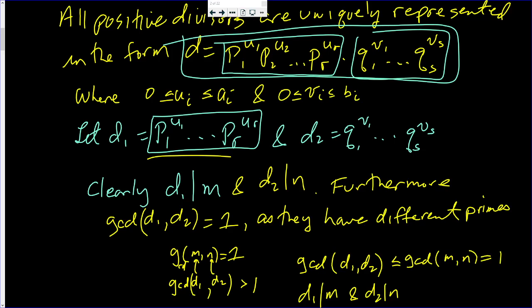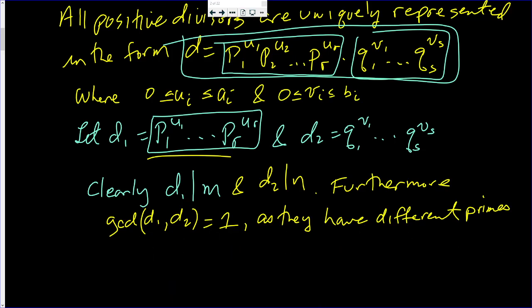And the GCD of any two numbers, the least it can be is 1. So in fact, it's equal. I did show that there's a D1 that divides m and a D2 that divides n, and their GCD is 1. That completes this proof.